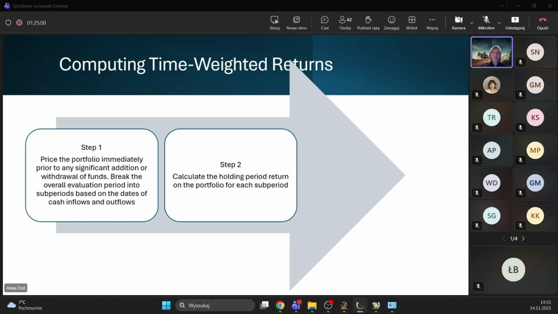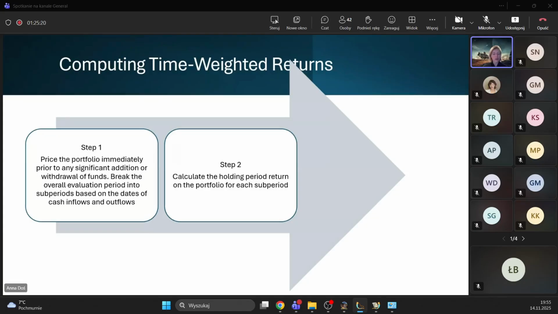So at the beginning, we can have $1 million. Our sub-periods can be, let's say we have, again, a 3-year period with 1-year sub-periods. So we can have $1 million. We calculate the rate of return for the first year.